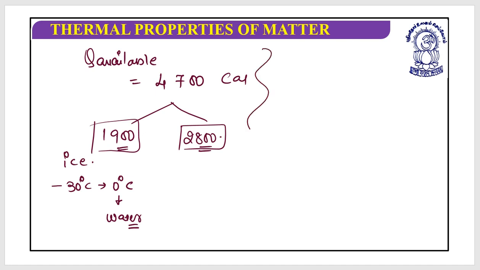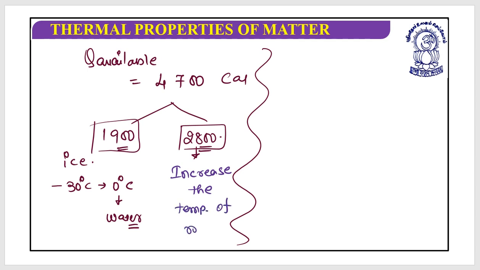So what will this energy do? This energy will increase the temperature of the mixture. So let's see what happens. So this Q is equal to m total into C into delta T. What is the amount of energy available?